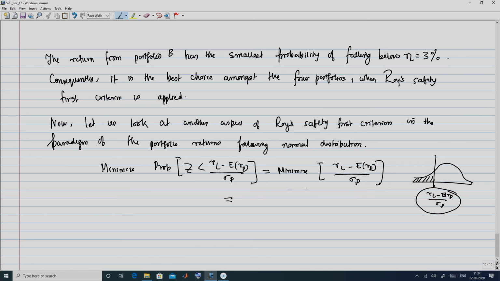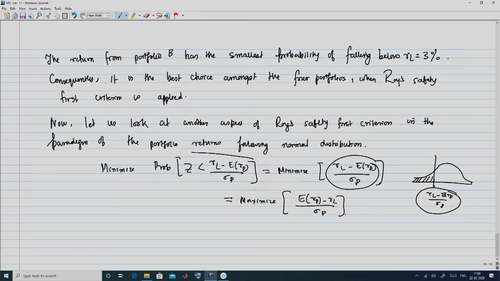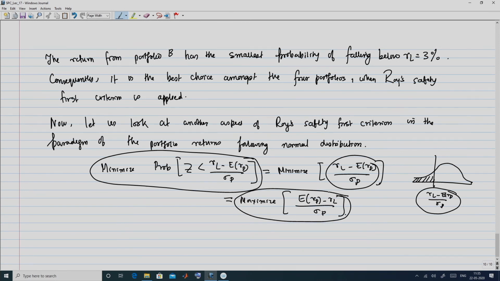Now, the minimization of this quantity is the same as maximization of the negative of it, that is (E(R_p) minus R_L) over sigma_p. So, Roy's safety first criteria, in case of the returns of the portfolio being normally distributed, reduces to minimization of the probability here, which is equivalent to maximization of the excess return over your safety threshold divided by sigma_p.